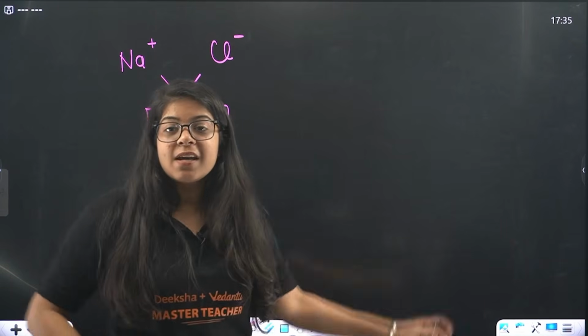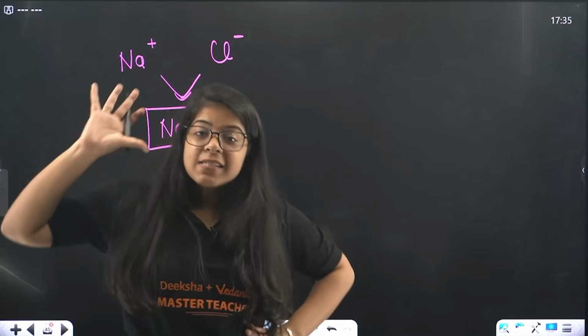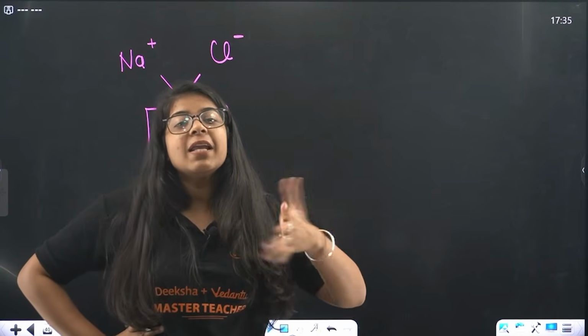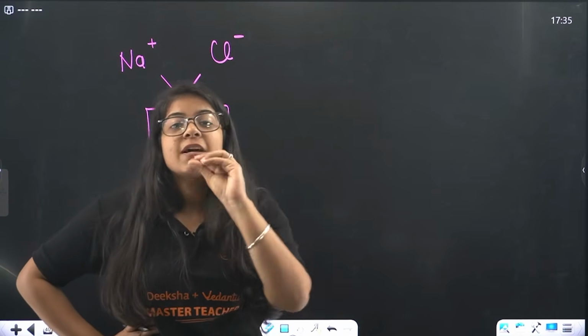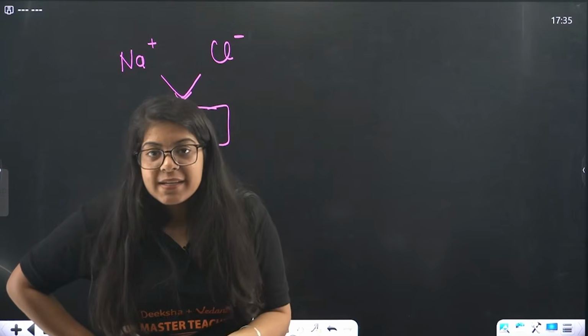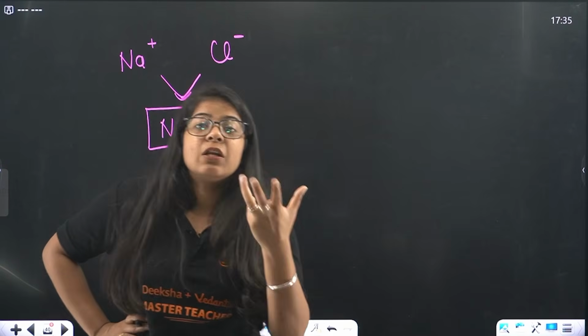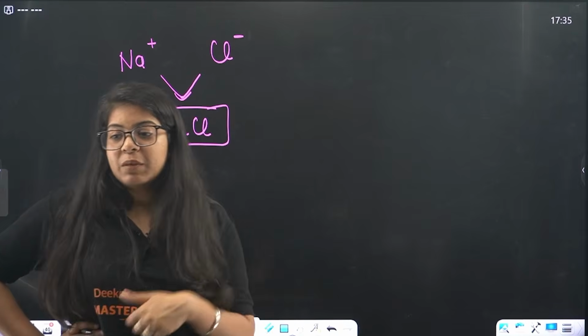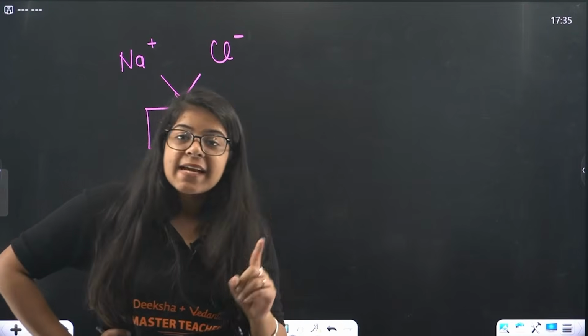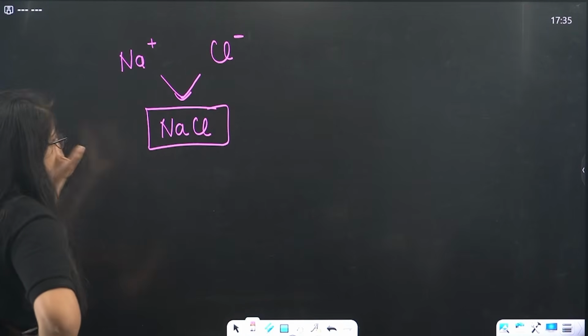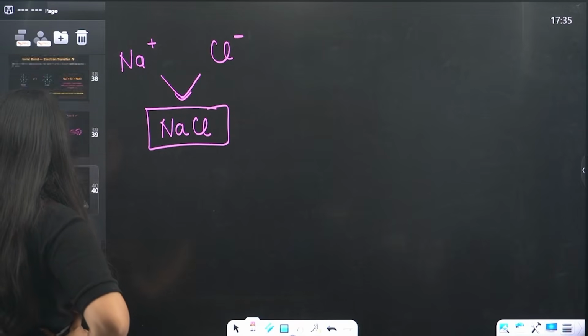What are the ions here? Na plus is an ion, Cl negative is an ion. It won't be an element now. It has a plus charge, it has a negative charge. So these are ions. Anything that has more or fewer electrons, that lost electrons or gained some electrons, becomes an ion, right? And that's the important part. Na plus, Cl negative, NaCl is being formed.